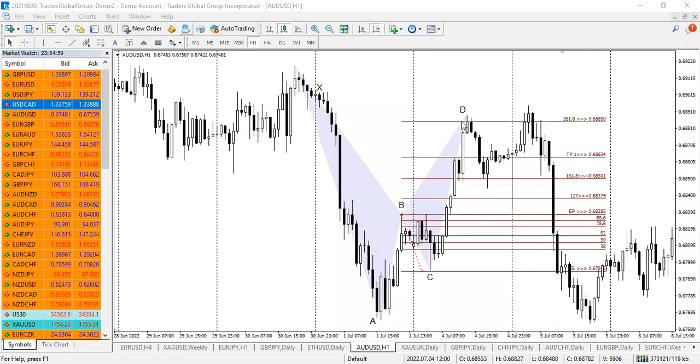Is this still a Gartley? No response? Are you guys there? No. It's no longer a Gartley. Thank you, Bosco. It's no longer a Gartley. Why? Because the B to C did not confirm it. X to A confirmed it, but B to C did not confirm it.